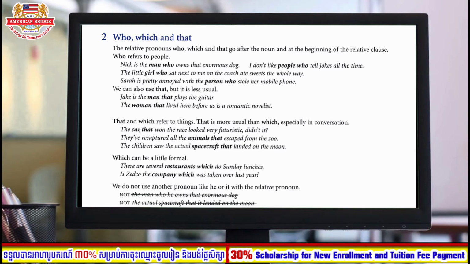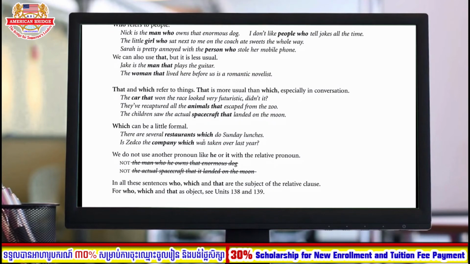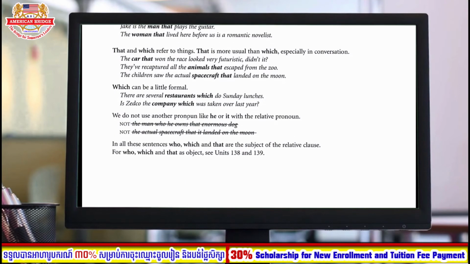The car that won the race looked very futuristic, didn't it? Here that refers to the car. Which can be a little formal, okay? There are several restaurants which do Saturday lunch. If you use the word which, you can interchange it with the word that, so try to use the word that, okay? Do not use another pronoun like he or it with the relative pronoun.